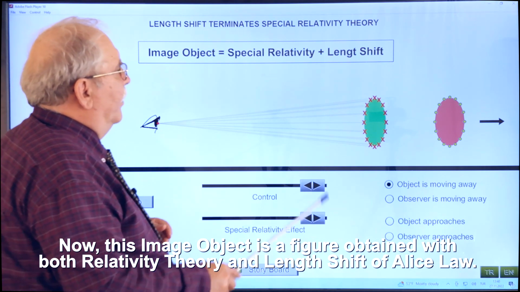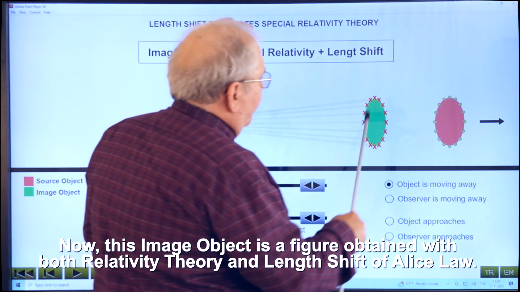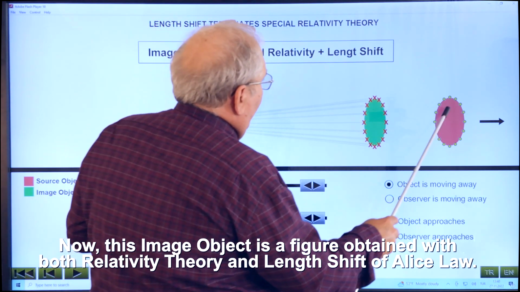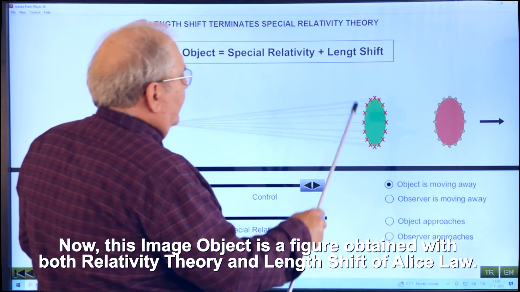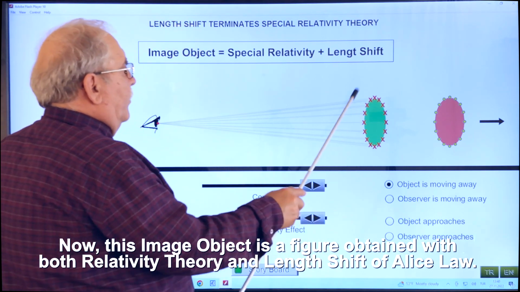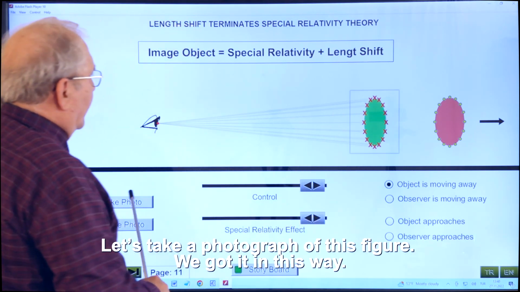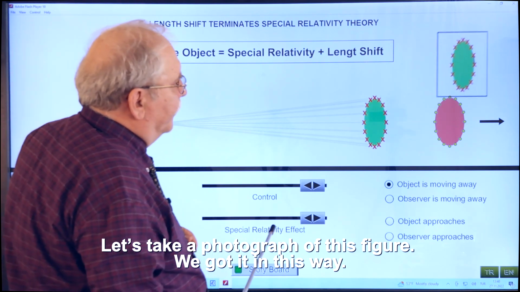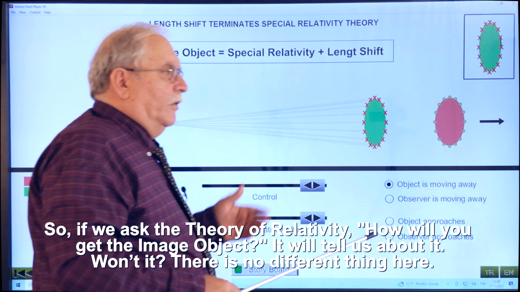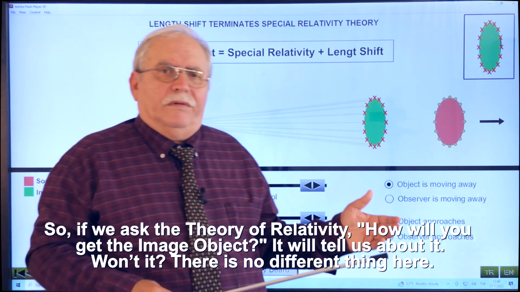Now, this image object is a figure obtained with both relativity theory and length shift of Alice law. Let's take a photograph of this figure. We got it in this way. So, if we ask the theory of relativity, how will you get the image object?